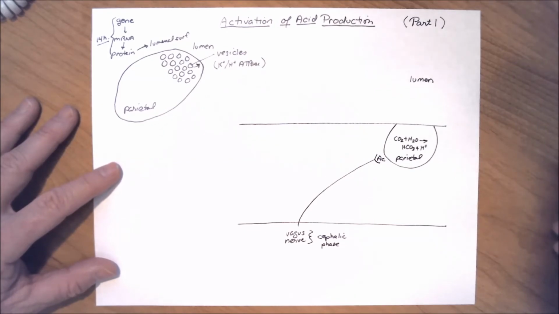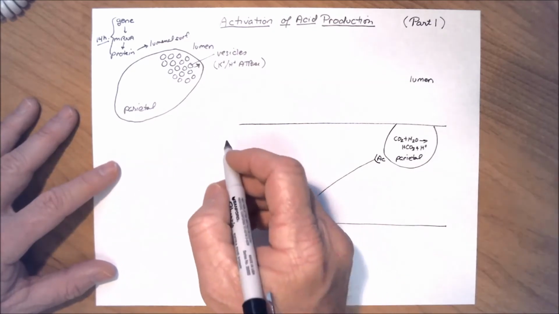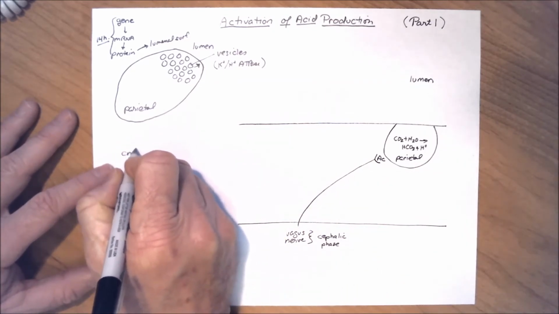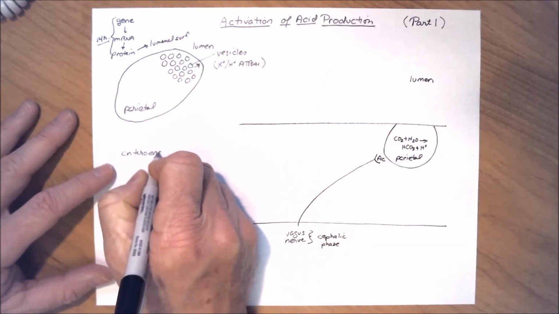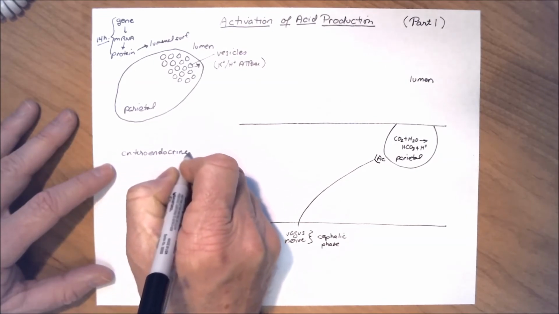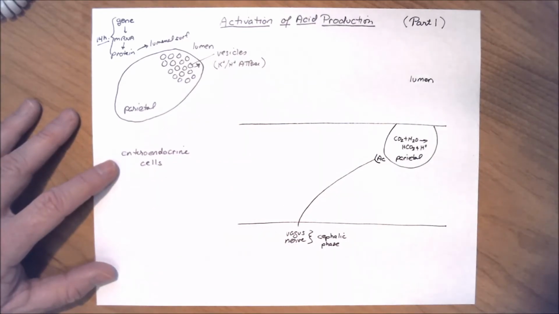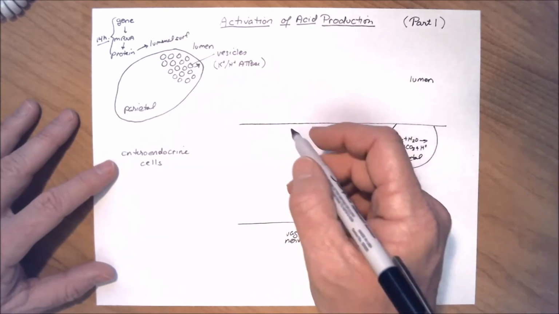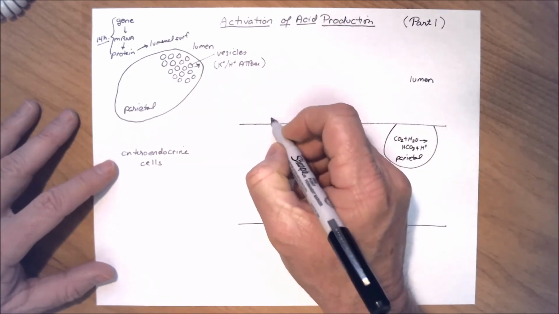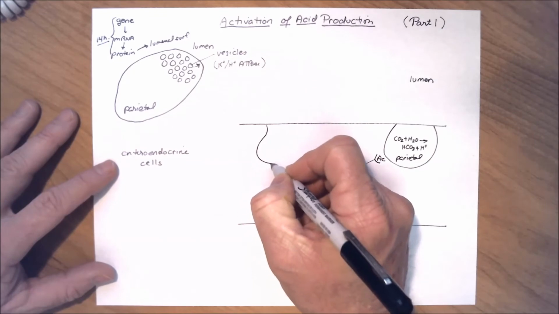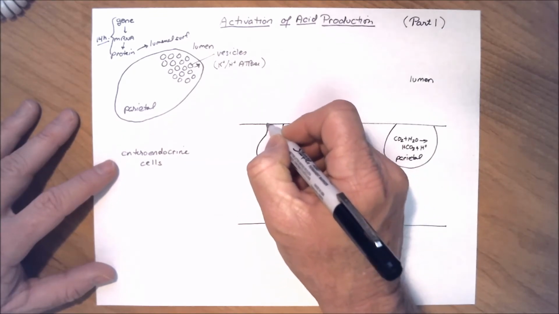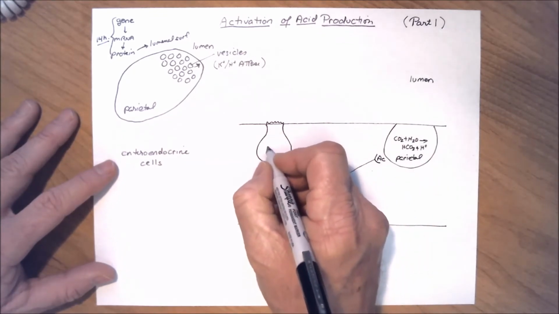Now the next level is an endocrine method. So we have to introduce the concept of enteroendocrine cells. These are endocrine cells located in the body, and they are responding to stimuli and producing hormones. So the first one that we have to consider is what's called the G cell.